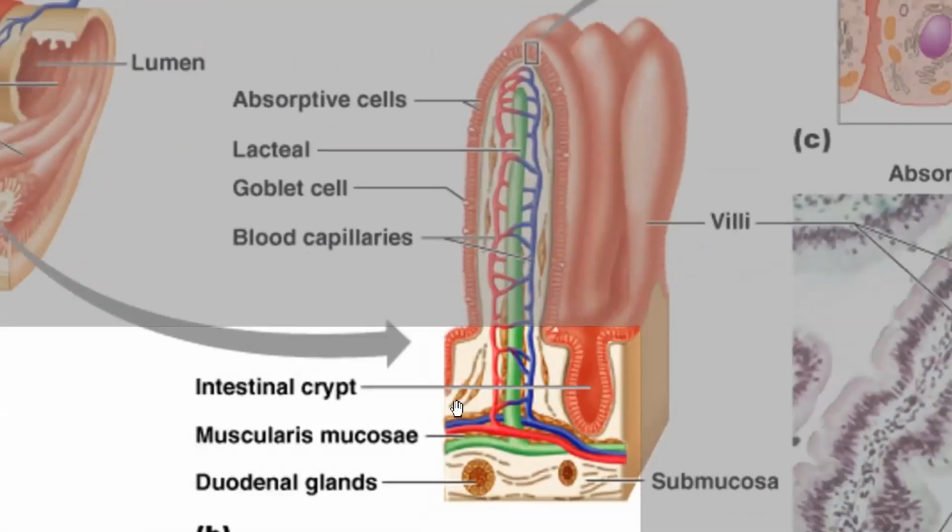If you look at this part, the lining here, these are the simple columnar cells with microvilli. And then this part is the fold right here. Remember, it's a submucosal folding. And on each fold's surface, you have these mucosal cells.